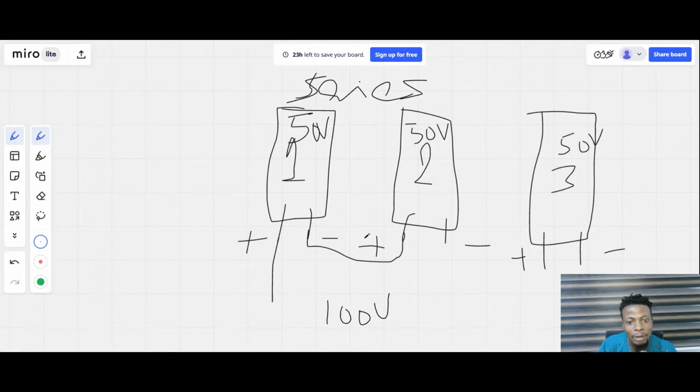Initially, we had 4 terminals: 1, 2, 3, and 4. Now, I only have 2 terminals because I have connected these 2 together already. So they are out of it. They are not part of the output terminals anymore. I'm now left with the plus here and the minus here, because I just connected the minus here to the plus here.